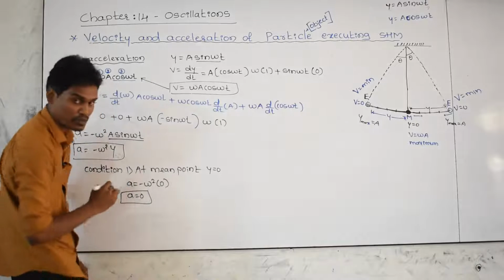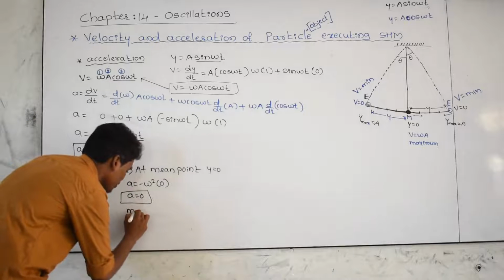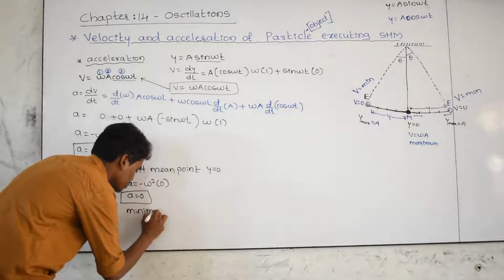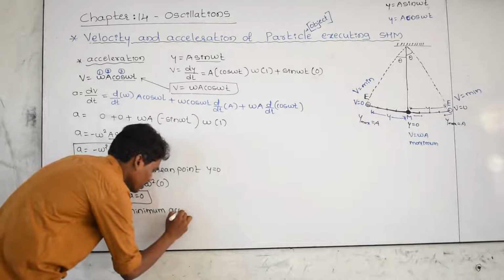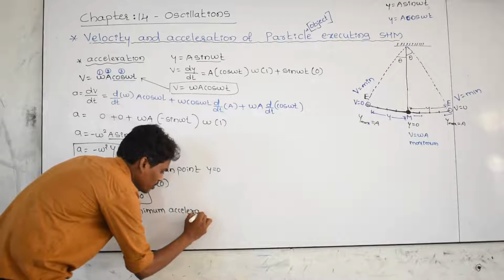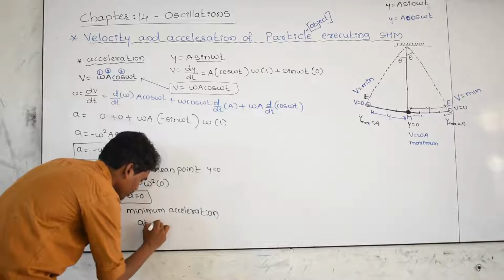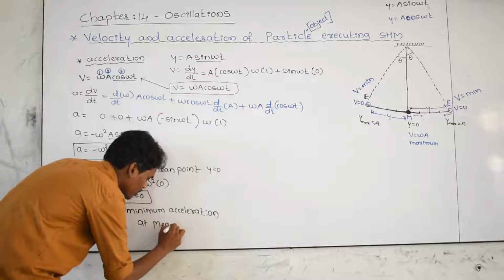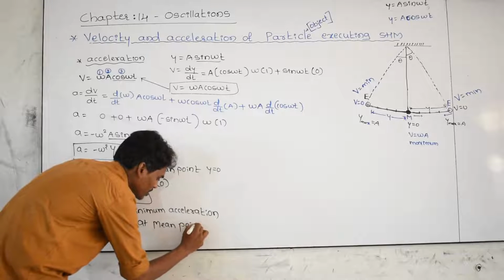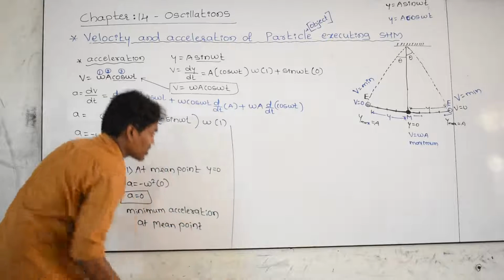Now acceleration is minimum, therefore it is minimum acceleration at the mean point. And what is the second one?